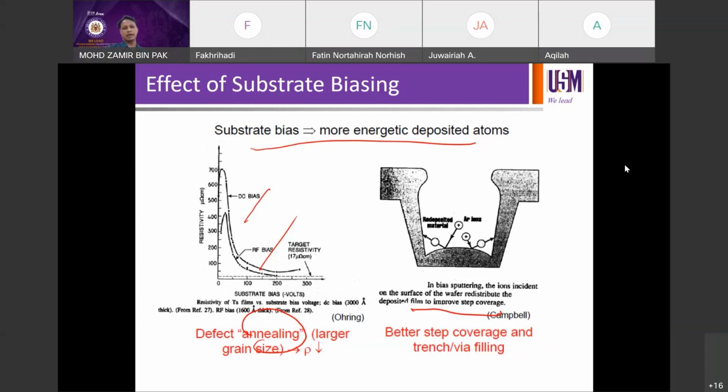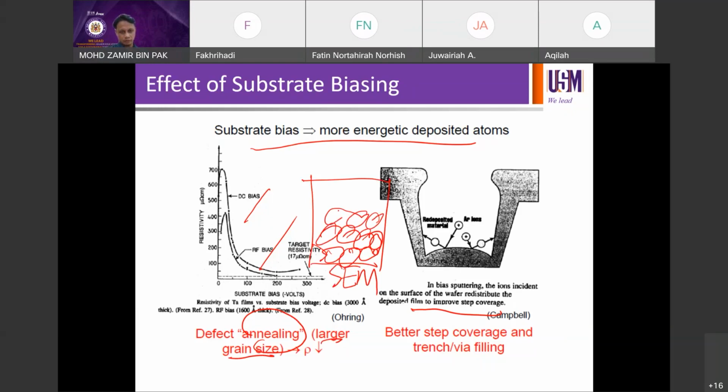So from that you may produce larger grain size. So grain size, say if this is your SEM image of your ITO, okay. Kalau you tak ada bombardment, maybe you punya grain size is very small. Contoh je. Your grains without biasing, for example.